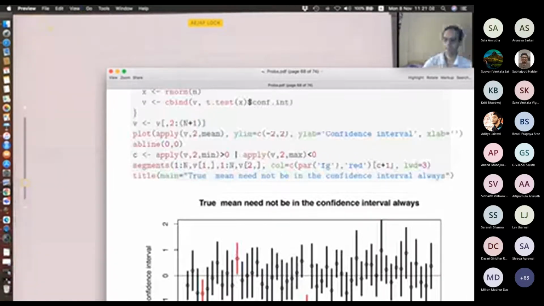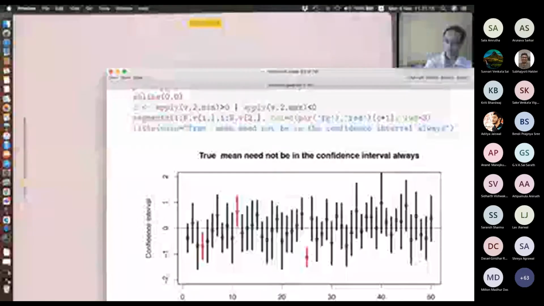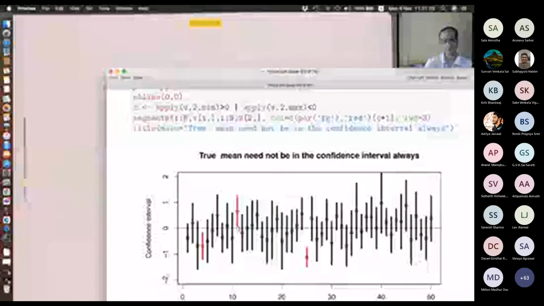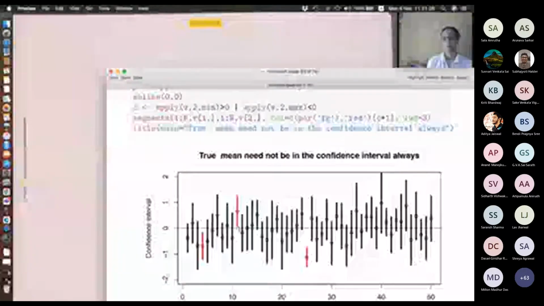They are containing the true parameter value, but those red lines, this is also an interval, are not containing the true parameter value. So a certain proportion of the intervals will contain the true parameter value, and another proportion of the intervals will not.